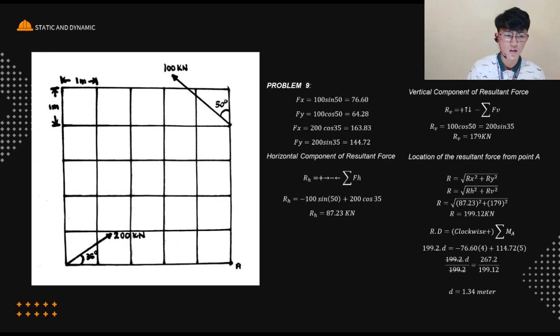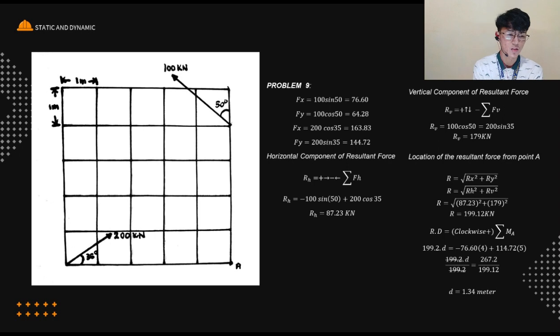Pero di pa rin po tapos dahil ang kinukuha po natin dito is location po ng resultant force from point A. So, gamit po yung formula na R times D equals the summation of moment A. And clockwise po pag positive and negative po pag counterclockwise. So, substitute po natin 199.2, yun po yung ating resultant, times D equals, so gamit po yung nakuha nating f of x and f of y.